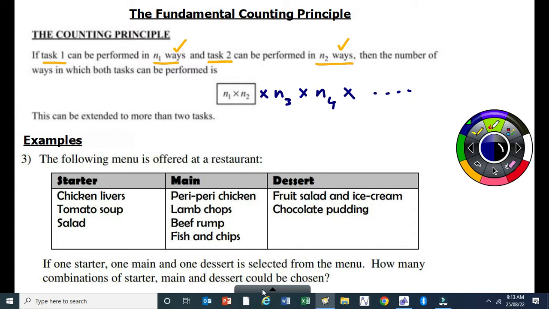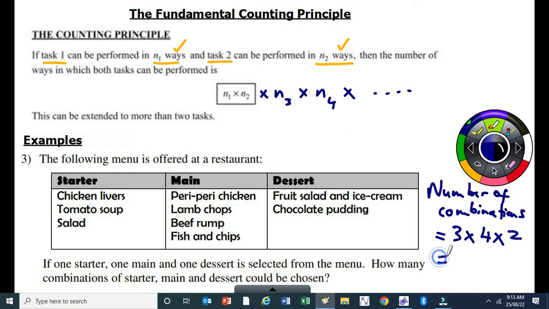To get the answer here, we use the fundamental counting principle. Your starter is like task 1, the main meal is like task 2, then the dessert is like task 3. So, if you want to determine the number of combinations, it will be equal to the options you have for the starter, there are 3, times the options for the main meal, there are 4, times the options for the dessert, there are 2.